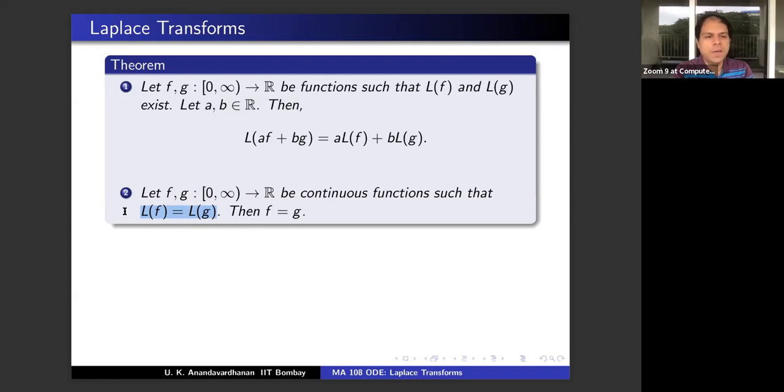If you have LF and apply L inverse, you will get an F, kind of uniquely, in the sense that you have to assume continuity, etc. So there is a good notion of inverse Laplace transform because of this theorem. If this theorem was not there, you could not have made sense of the inverse Laplace transform.